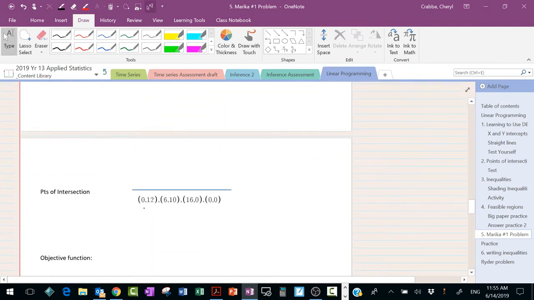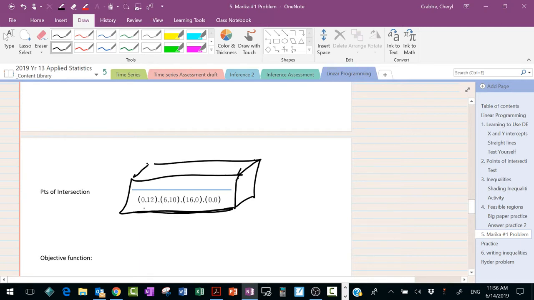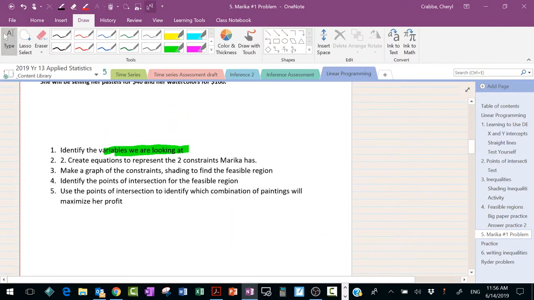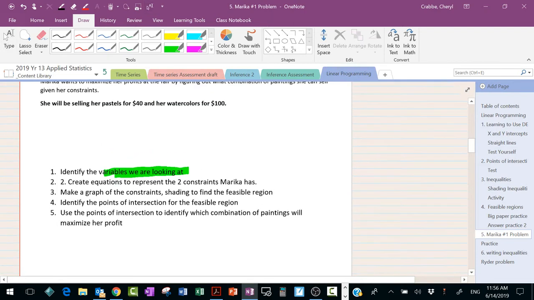Once you've identified your points of intersection in that feasible region, the last thing you do is use those to figure out the answer to the question. We want to use the points of intersection to identify which combination of paintings will maximize her profit.